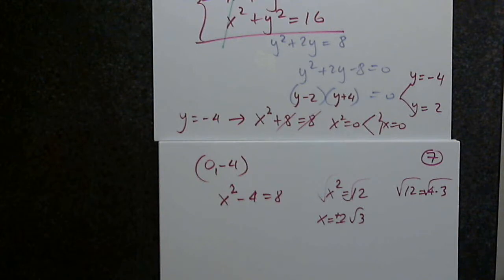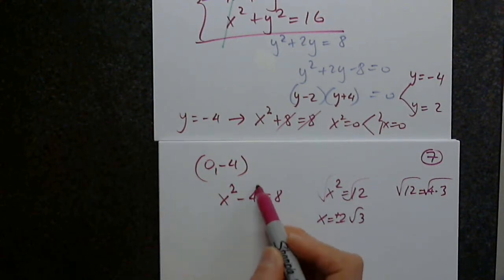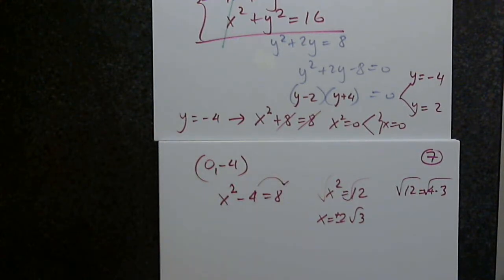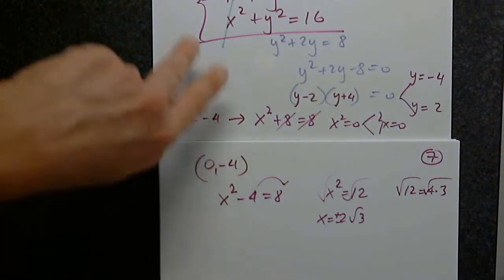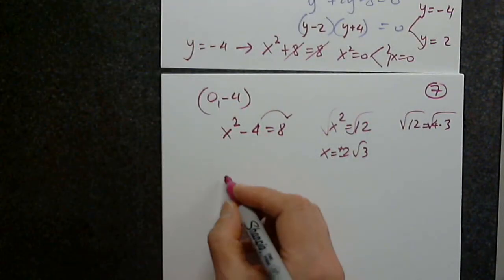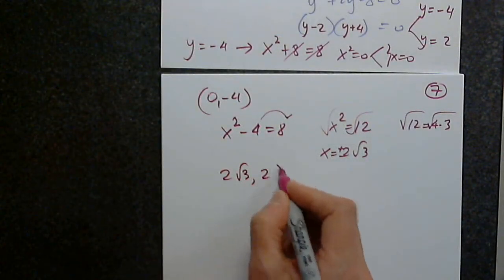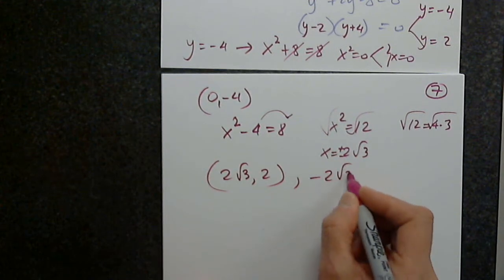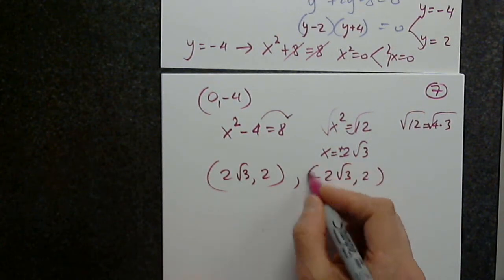Take the square root of 12 because I'm adding 4 to both sides. Okay. So then the solutions are 2 the square root of 3 comma 2 and -2 the square root of 3 comma 2.